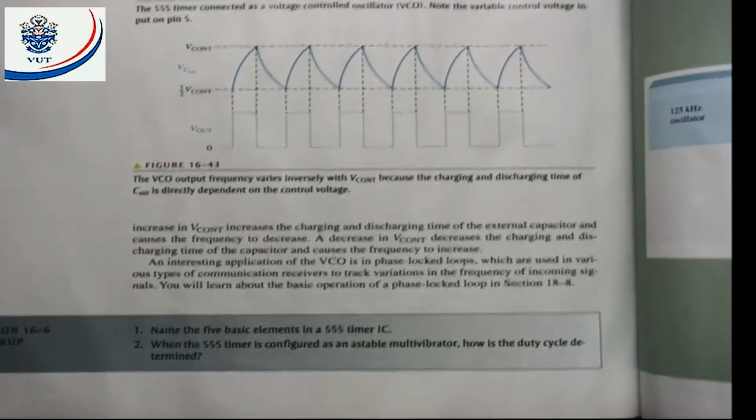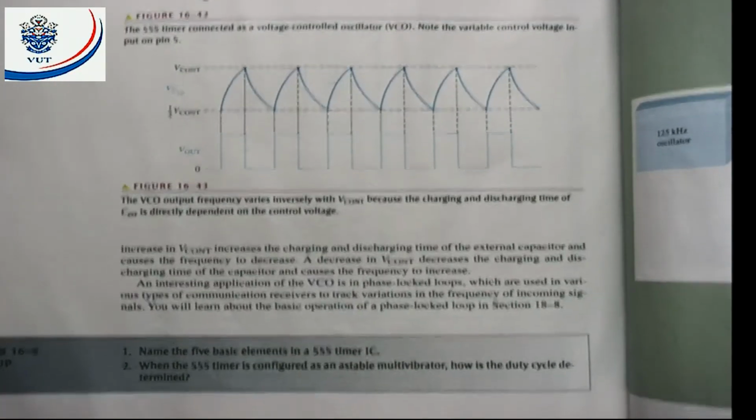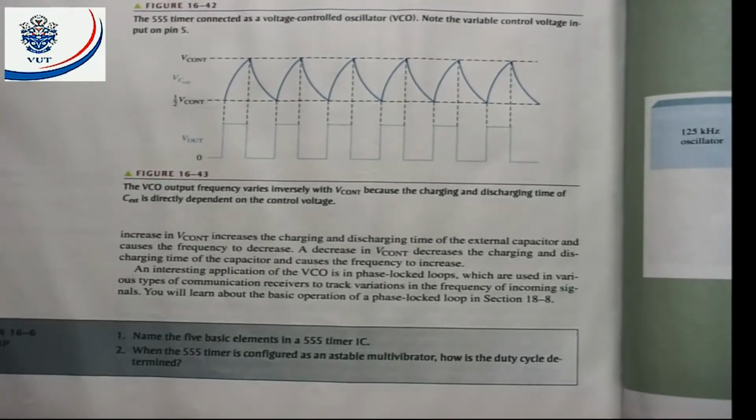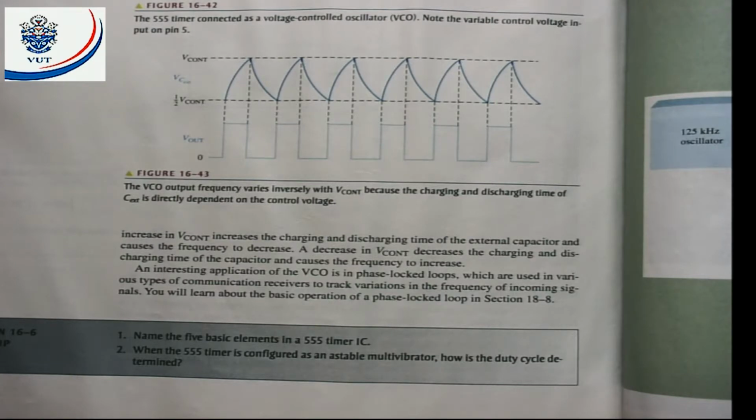There's only one thing that's quite important to remember here. They say an increase in the control voltage increases the charging and discharging time of the external capacitor. Now, if I increase the charging and discharging time, what can I say about my frequency?